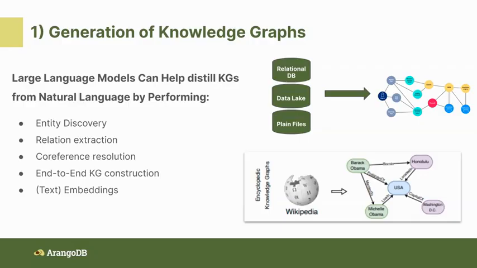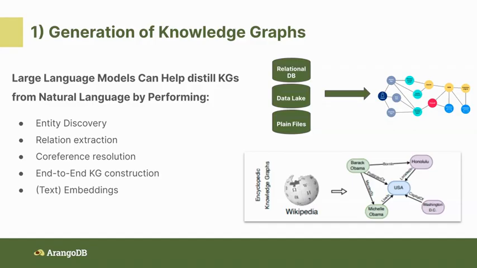You've got co-reference resolution, which means resolving the references in the text, such as pronouns or synonyms, to ensure that the entities are properly linked. Then you've got end-to-end KG construction, taking care of the entire process from raw text to a structured knowledge graph, schema design, model selection, all that stuff.